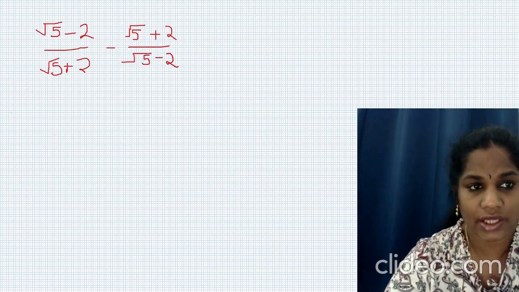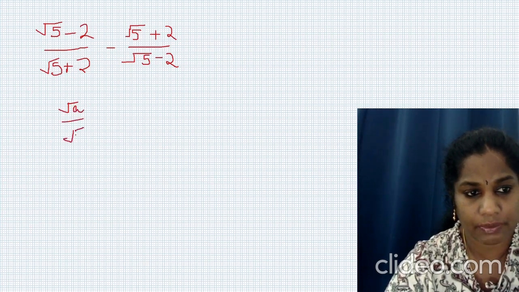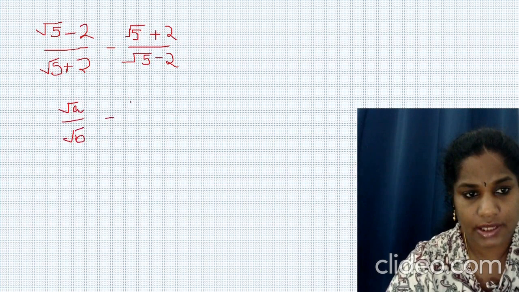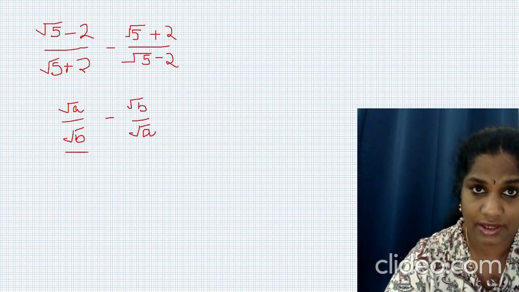See, now if you look at it carefully, here it looks like under root A by under root B minus under root B by under root A. So our funda is to rationalize the denominator, isn't it?